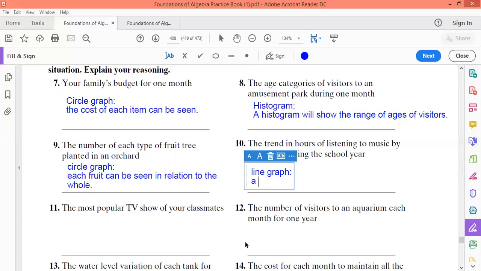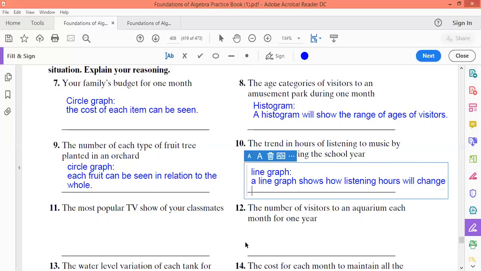You can say that a line graph shows how listening hours will change over time.